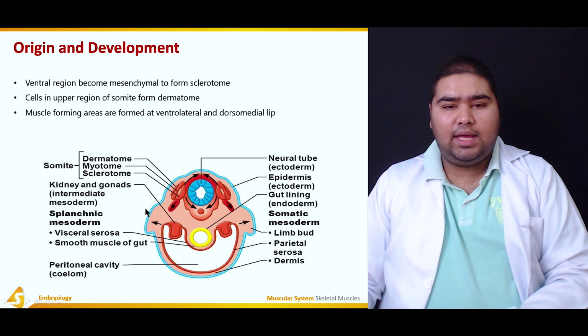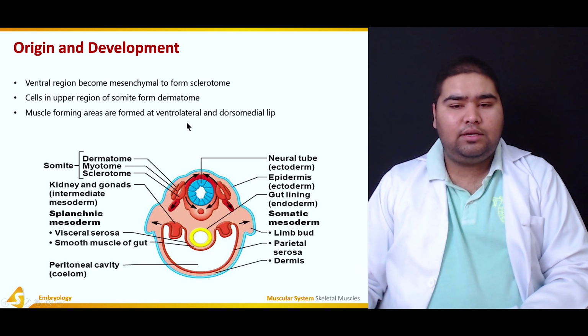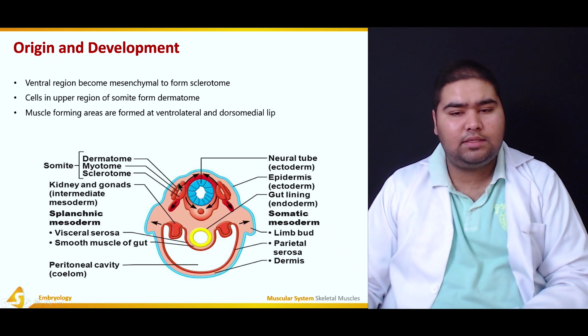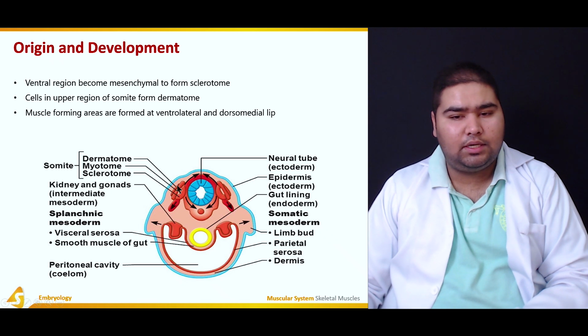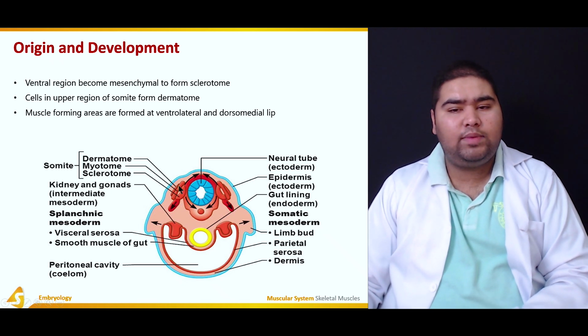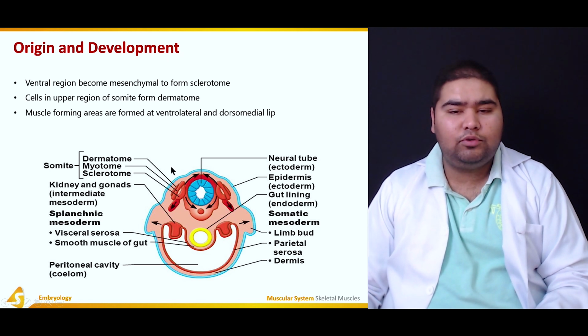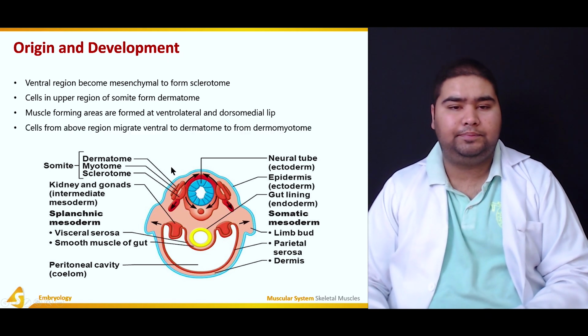So, the muscle forming areas are formed at the ventrolateral, this is the ventral part and this is the lateral part, and the dorsomedial, this is the dorsal part, this is the medial part. It is here in the lips that the muscular portion is being formed.